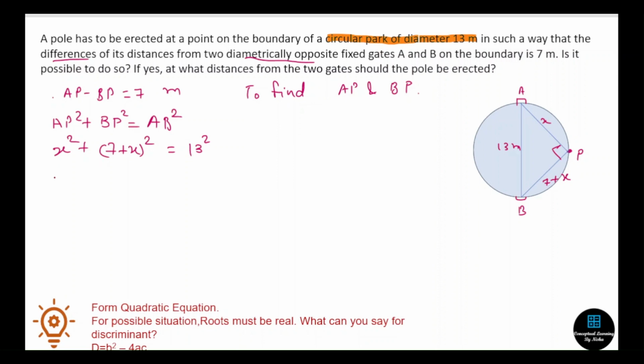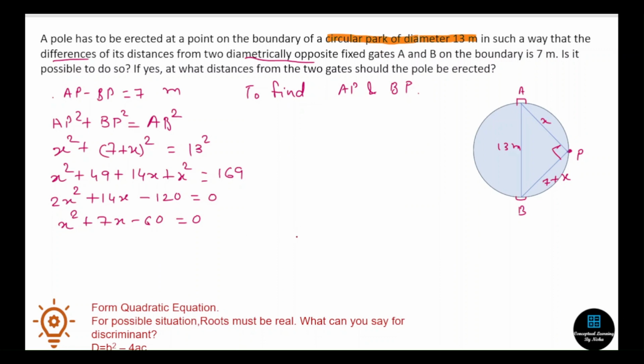And now on simplifying, so x square plus 49 plus 14x plus x square equals to 169. Okay, now let's simplify this. So 2x square plus 14x minus, now when we subtract this, we'll get 120 equals 0. On dividing all of them by 2, what do we get? x square plus 7x minus 60 is equals to 0.